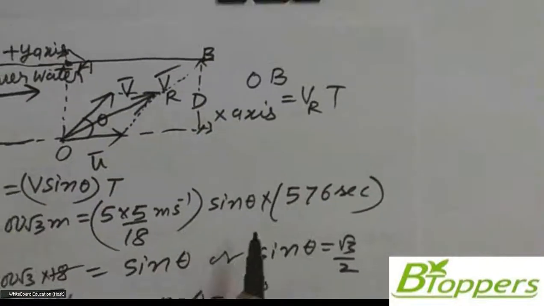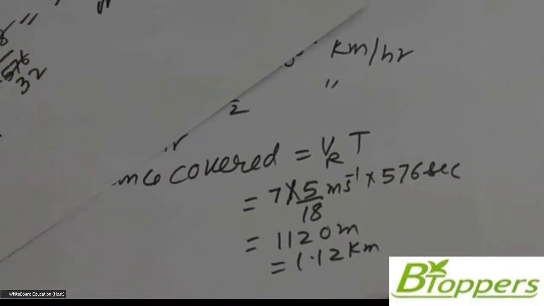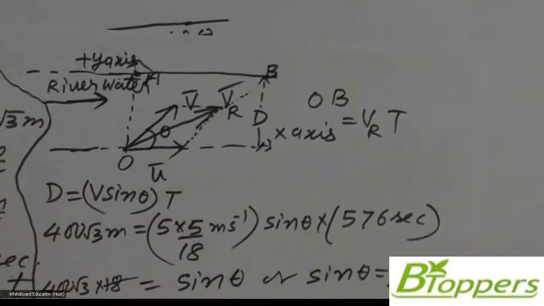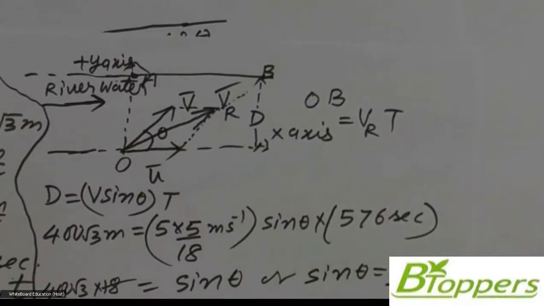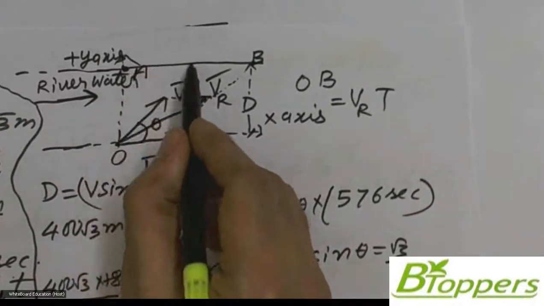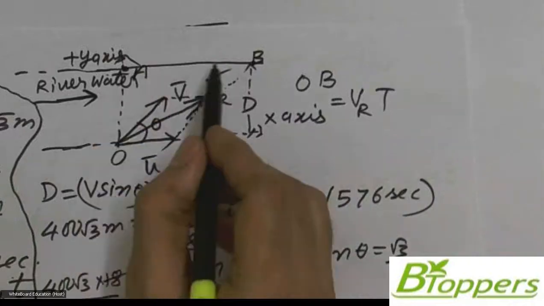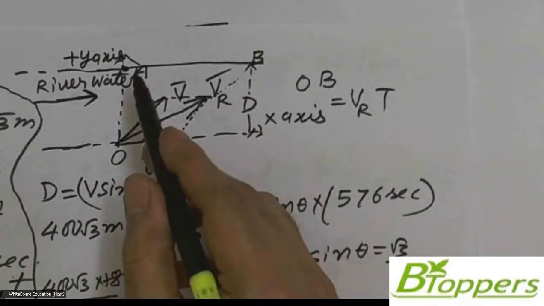But in the same problem, of course, the problem is completed. The answer is 1120 meters or 1.12 kilometers. But sometimes you can be asked to find the drift of the boat. That means you may be asked to find the distance between the points A and B on the other bank. Here O is the initial position of the boat.